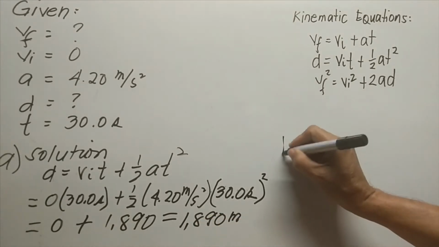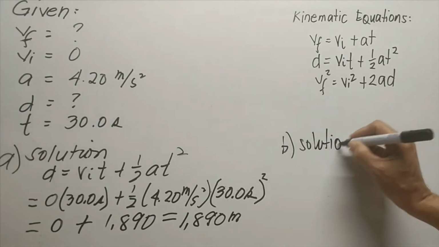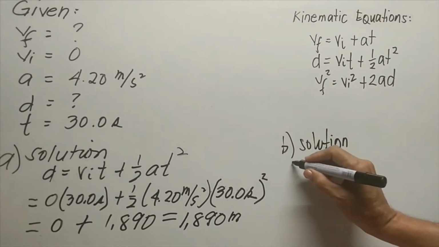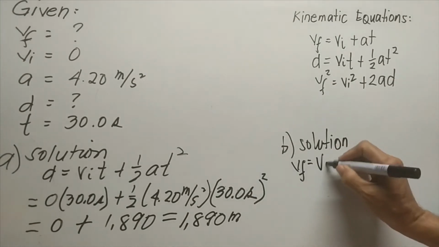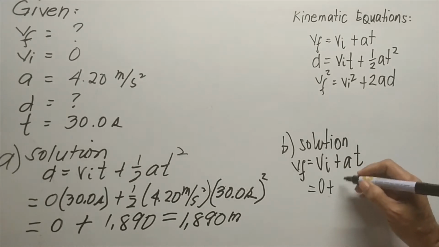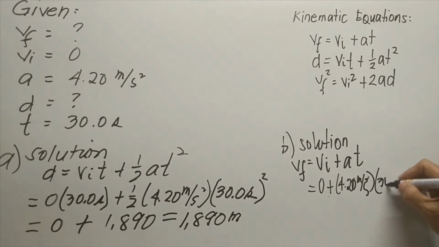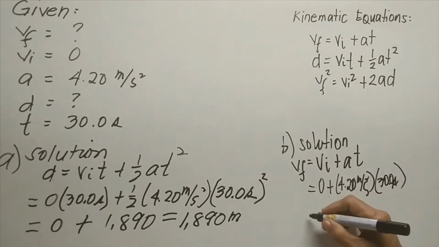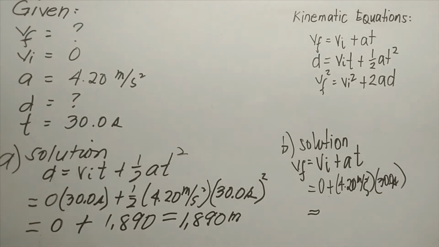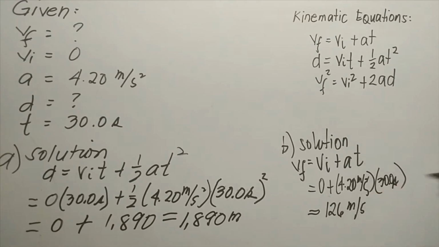The solution for problem letter B, we'll be using the formula Vf is equal to Vi plus At is equal to 0 plus 4.20 meter per second squared times 30.0 seconds. 4.20 times 30 will give us a value of 126 meter per second.